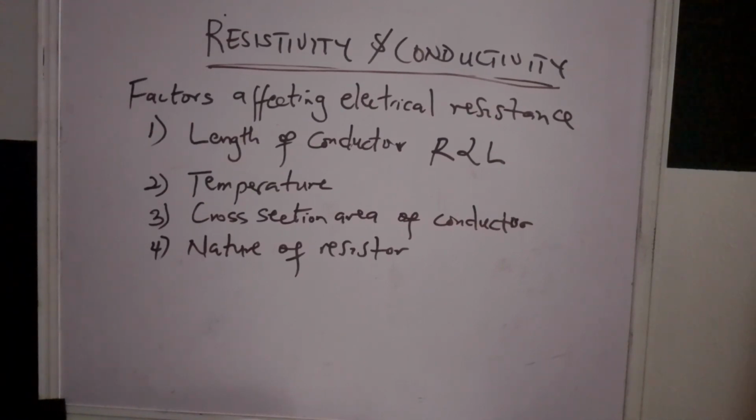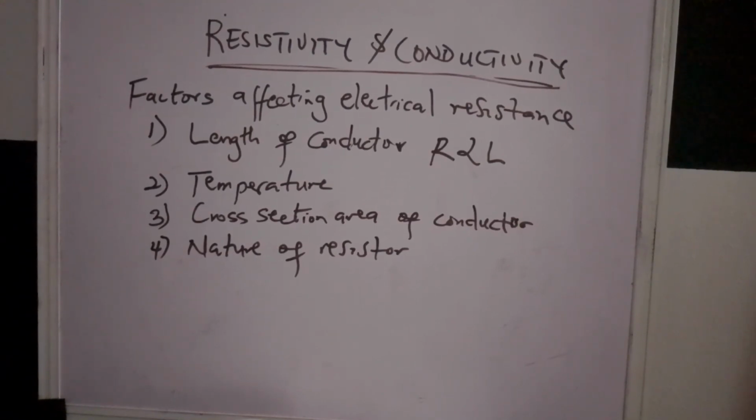Number 2, temperature. How does temperature affect electrical resistance? We know that if current is transmitted through a conductor over a long distance, there will be energy loss in the form of heat energy. And heat has a relationship with temperature.